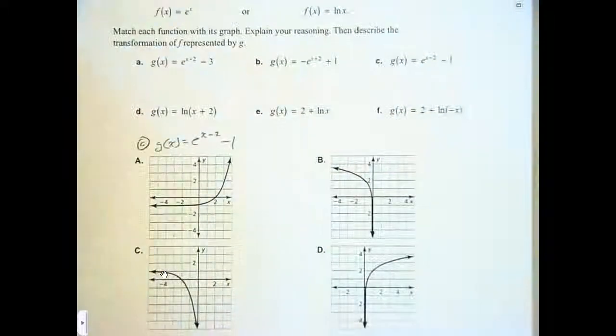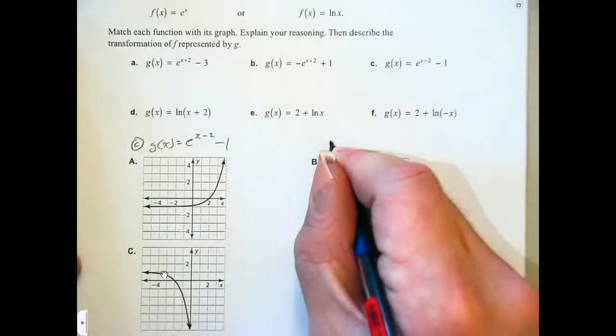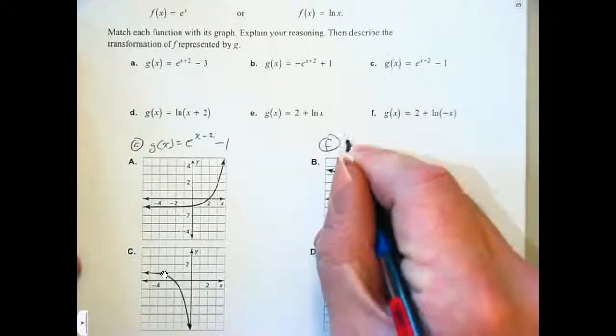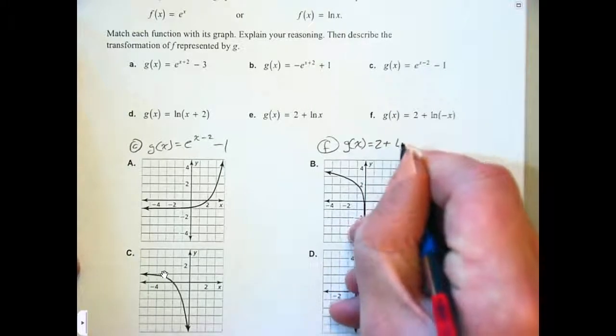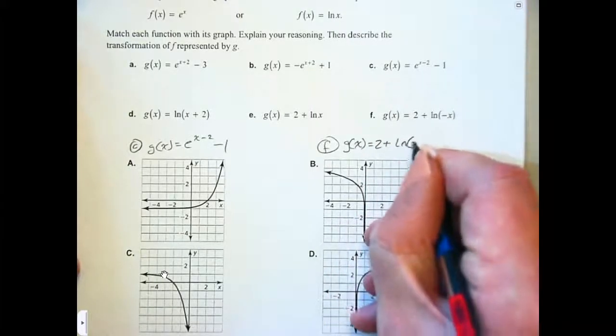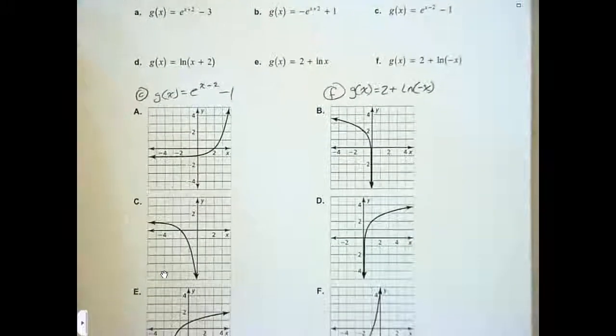All right, what one goes with B? Everyone agree F? Okay, g of x is equal to 2 plus natural log of the opposite of x. How about C?